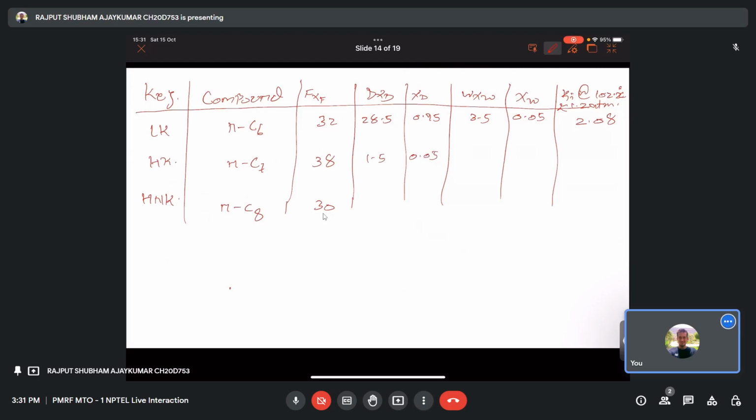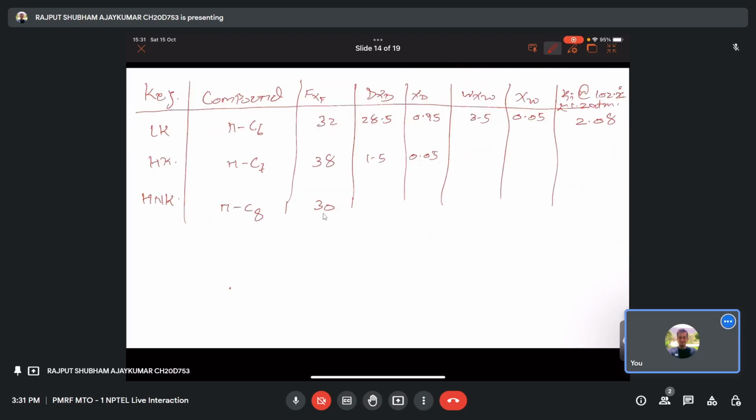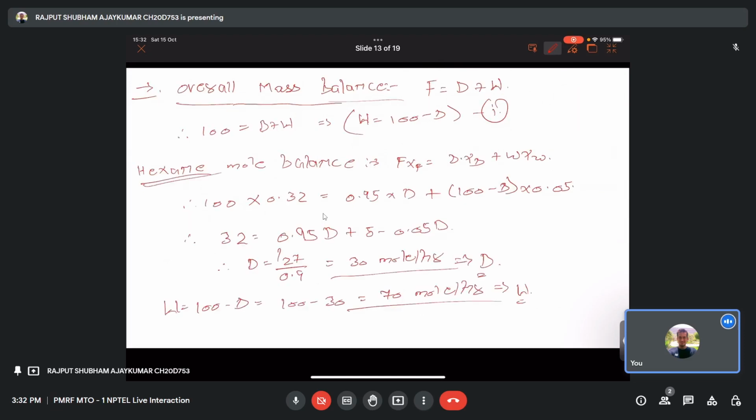For the light key we already did. You can carry out the same for the heavy key and the heavy non-key in similar ways, like you solved for hexane.